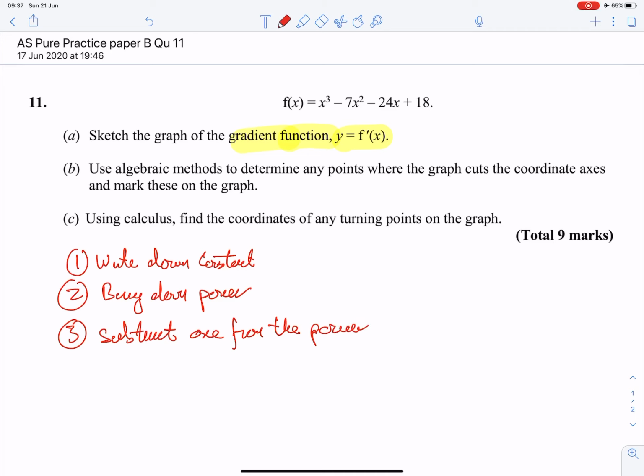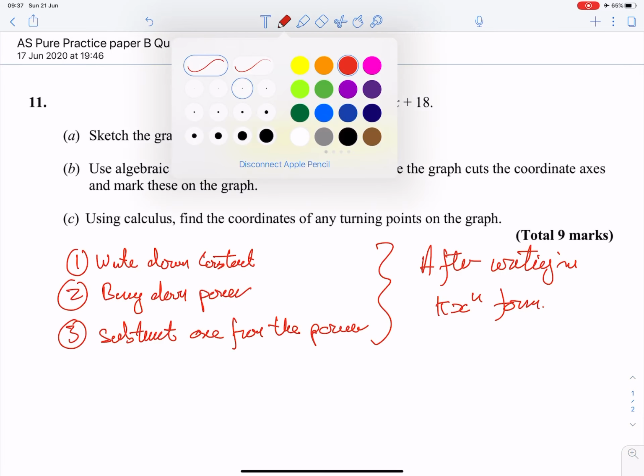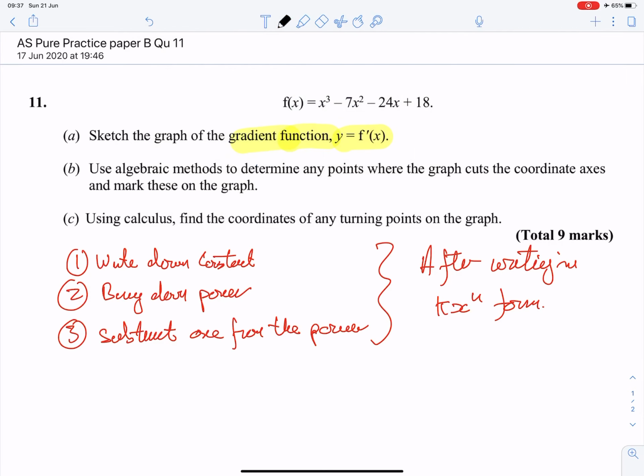And we do all that after writing in kx to the n form. We've got to write it in the kx to the n form first, and that's been done for us here, so it's nice and easy.